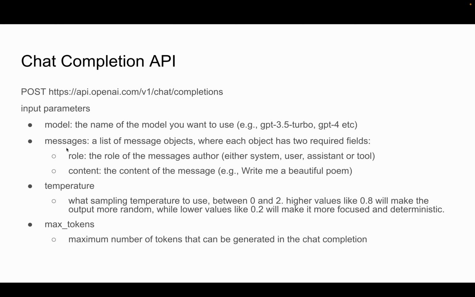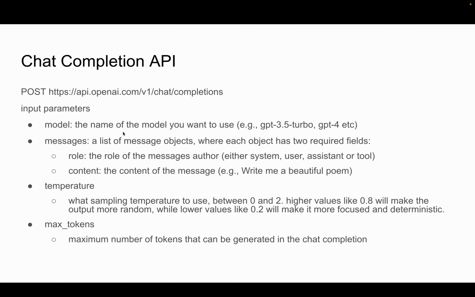The model and the messages are mandatory. For the model, you can specify which model you are going to use, like GPT-3.5 Turbo or GPT-4, or other models like image generation, DALL-E 3, etc.